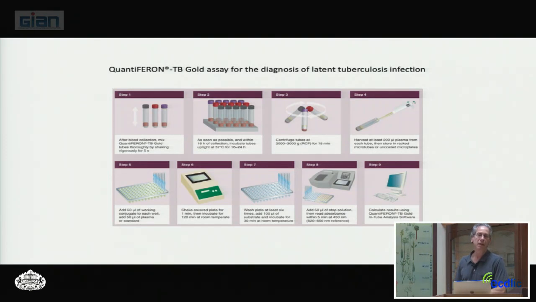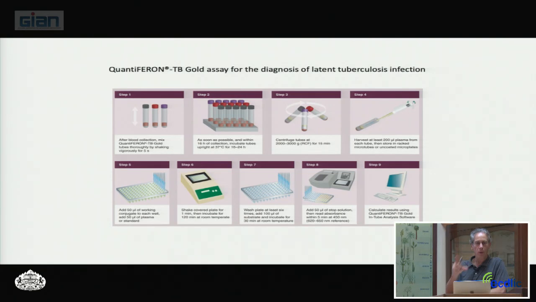So work done at BHU, starting I don't know, 7 or 8 years ago, adapted the QuantiFERON TB assay, which had been used for the diagnosis of latent TB infection. It was just a whole blood assay. You don't purify the peripheral blood leukocytes.